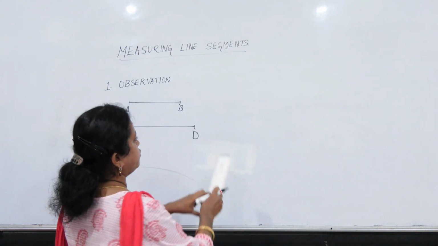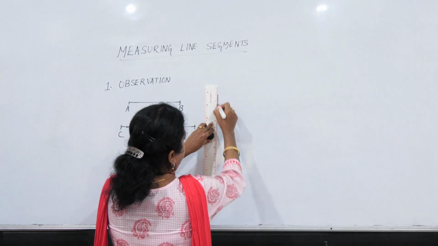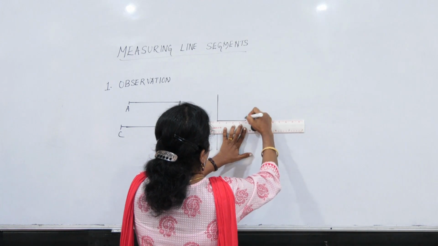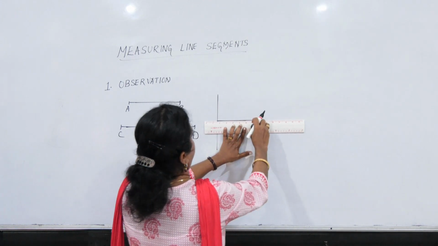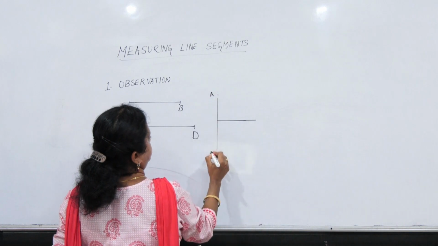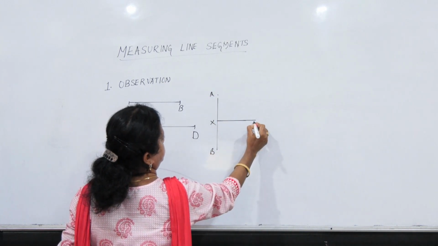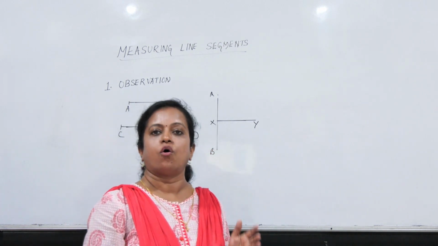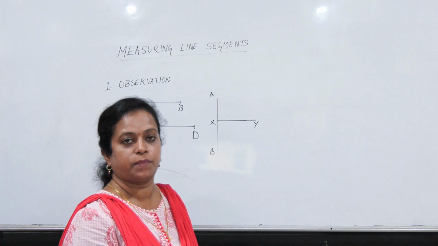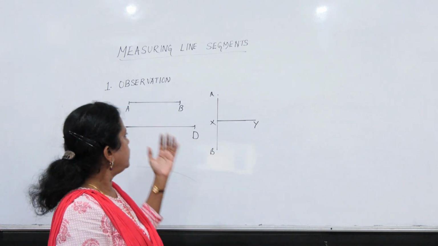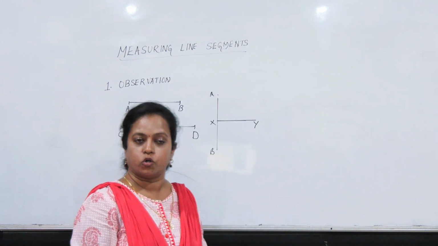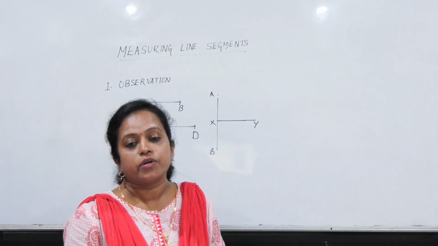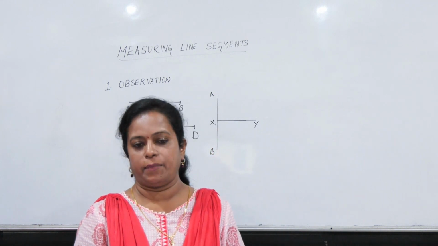But sometimes if you have a figure which is like this, here in this case it is difficult to interpret or say which of the line segments is bigger or smaller. So this method, that is method of observation or comparison by observation, has an error that accuracy cannot be assured in this method.